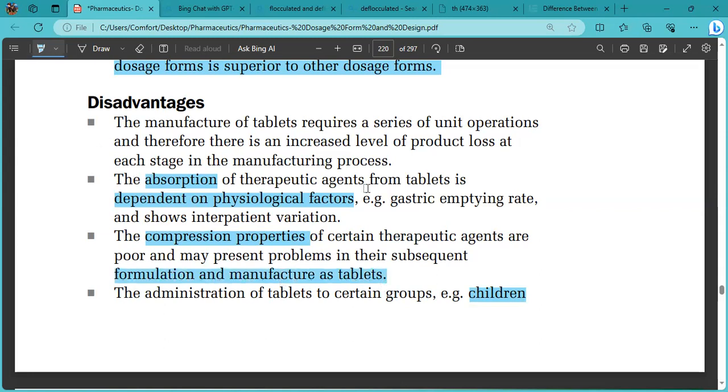The absorption of therapeutic agents is also dependent on other physiological factors, such as the gastric emptying rate. Since these physiological factors may differ from one patient to the next, you cannot get a clear picture of the pharmacokinetic properties of the drug once it's within the system.